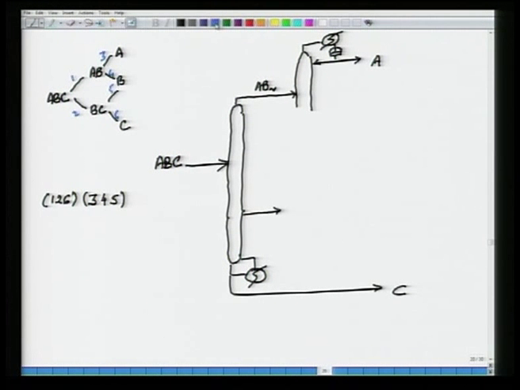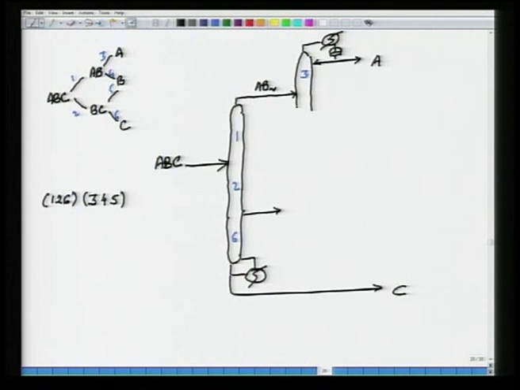Okay, so, this is section 3, this is section 1, this is section 2, this is section 6. Okay, and what do we have? After 3 we have got 4.